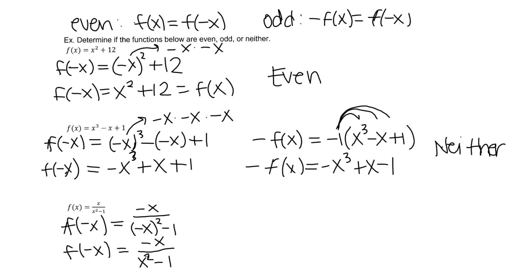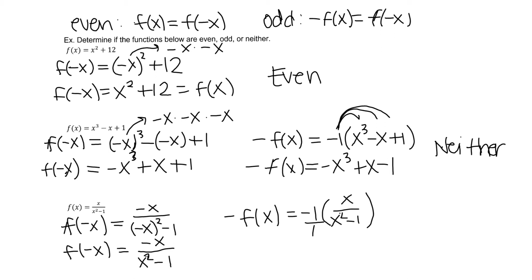So that leaves us with checking negative f of x. So negative 1 times x over x squared minus 1. So remember, this is negative 1 over 1.